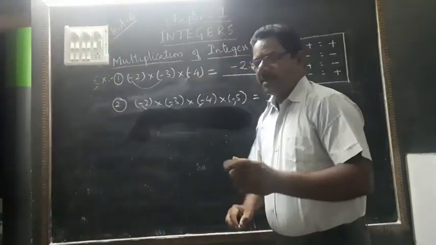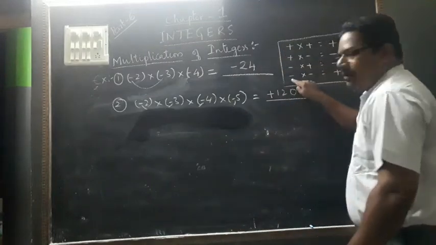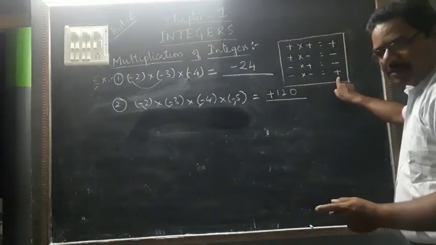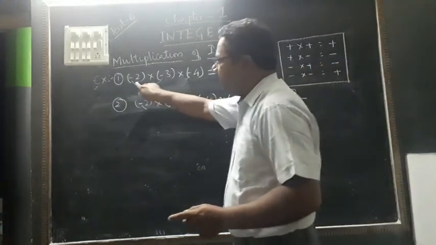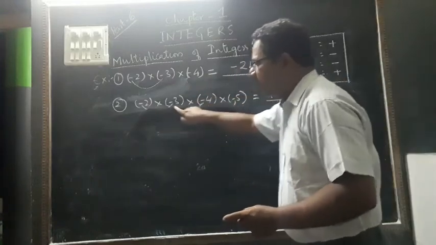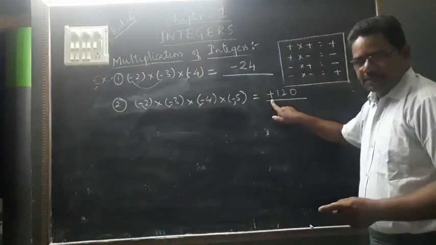Okay. So from this you can understand, if I give you 2 negative integers to multiply, you get a positive integer. If I give you 3 negative integers, you get a negative integer. If I give you 4 negative integers, you get positive.